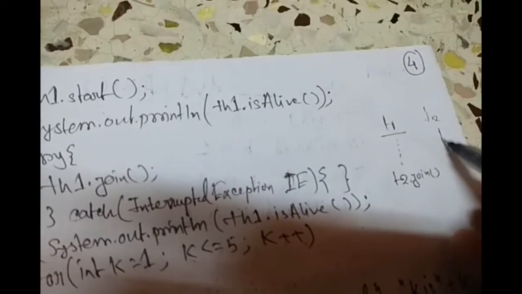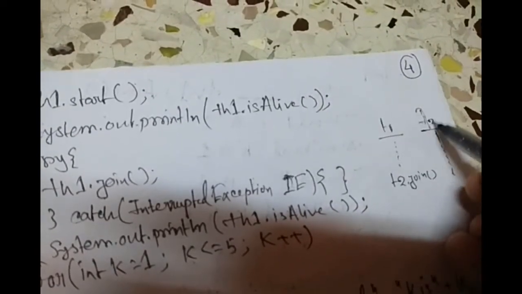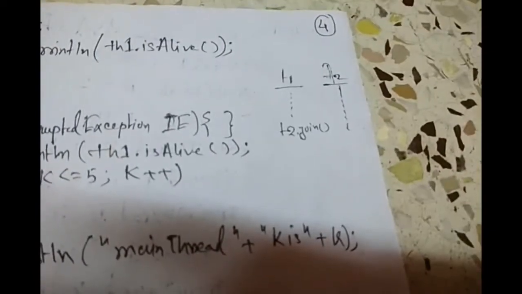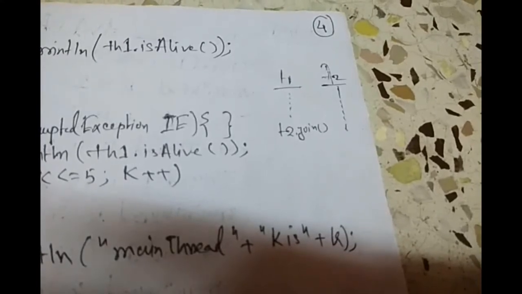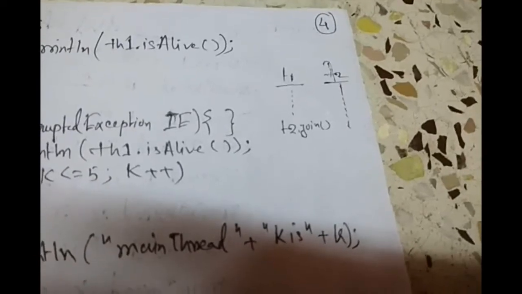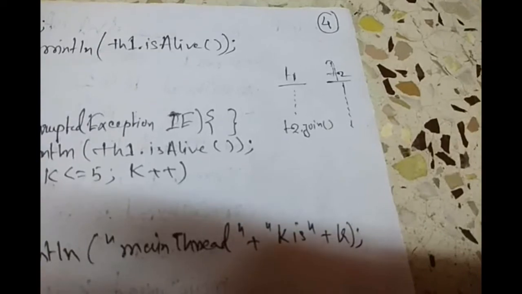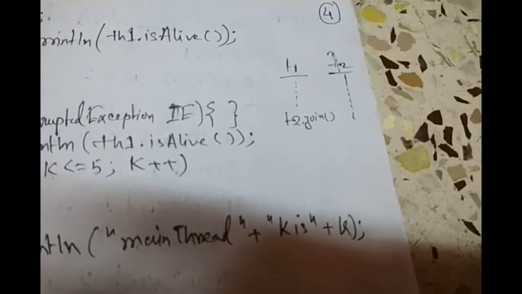So obviously there is another thread running, T2. Here, whenever T1 calls join on the T2 thread, T1 is waiting for T2's completion. Until T2 completes, T1 will wait.